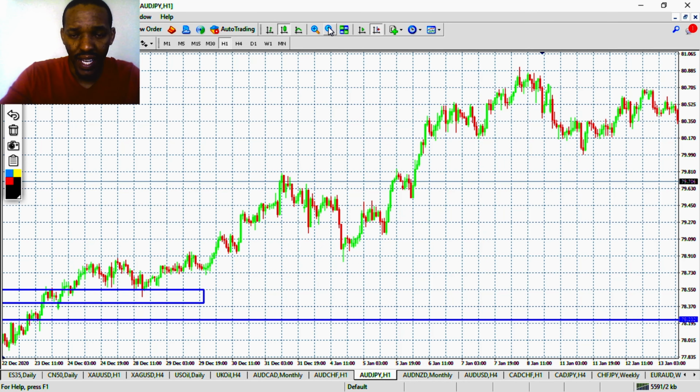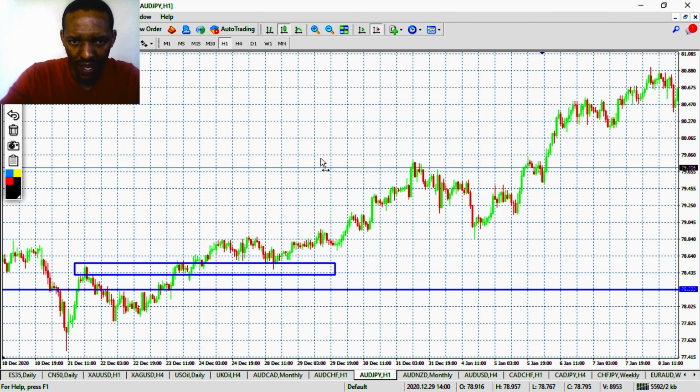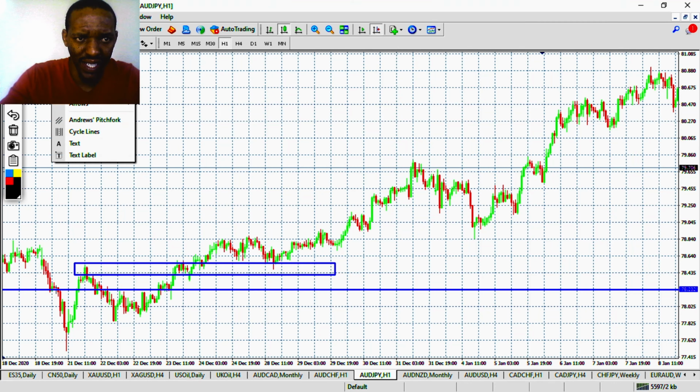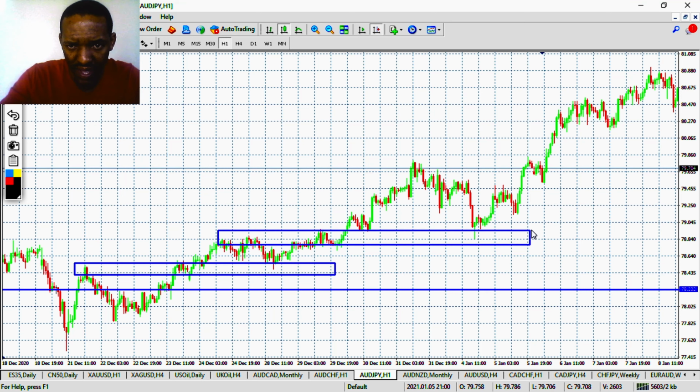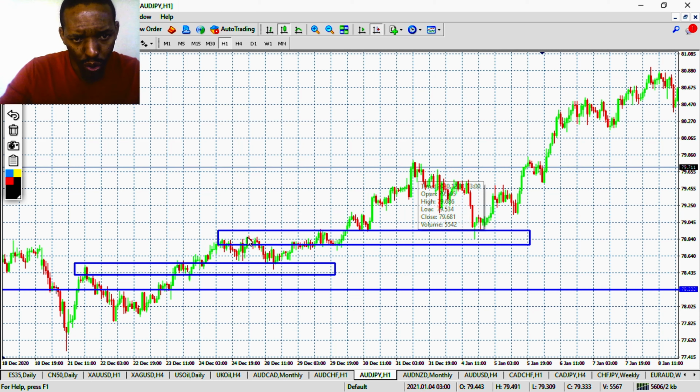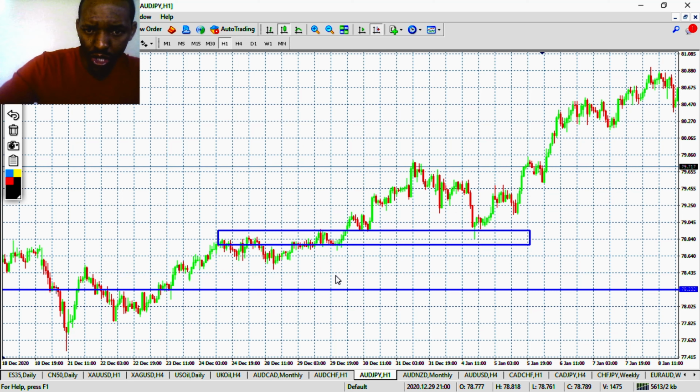Then let's look for a second one. We have a second one right here, close next to it. We have another medium pullback. The price went up, gave us an impulse, then pulled back down to our previous high.